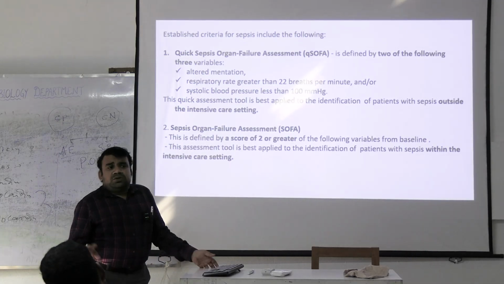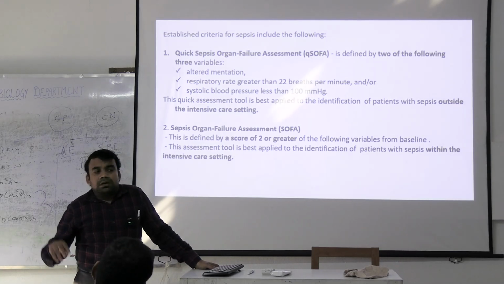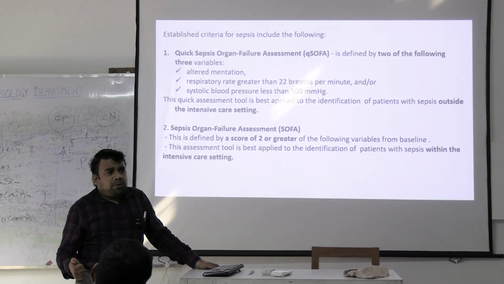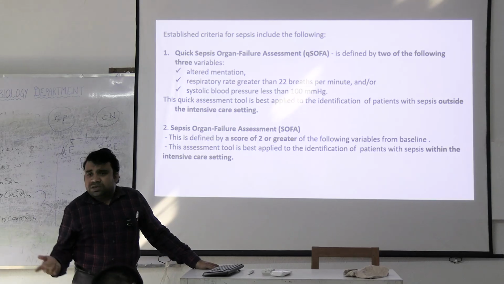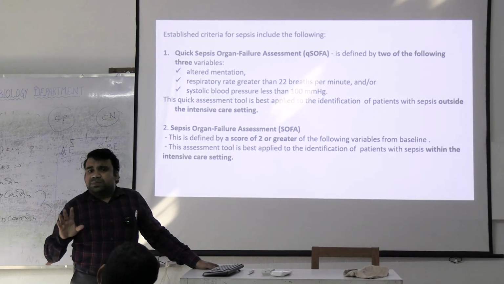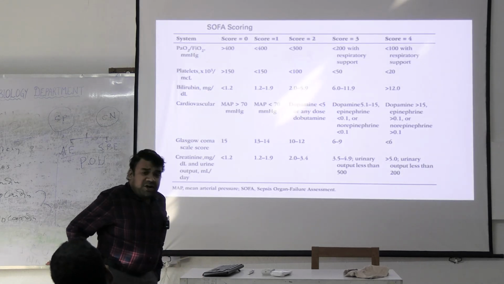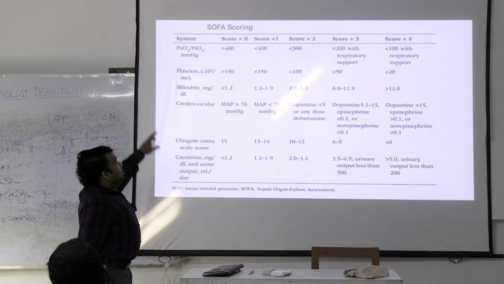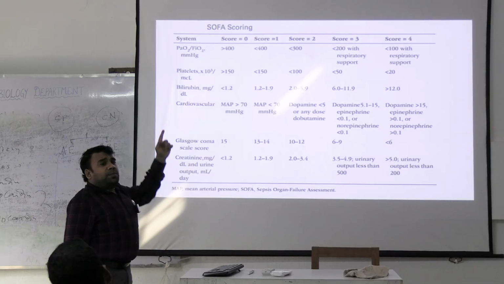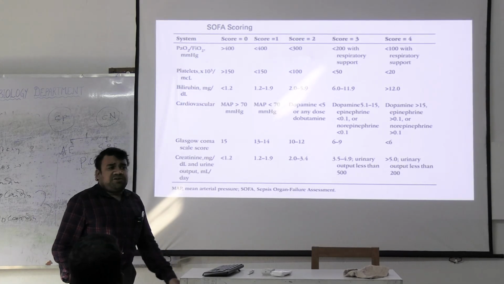To measure this, you don't need any interventional studies. Measure respiratory rate, measure blood pressure, check orientation. If all three are altered, most probably the patient is in shock. A more expanded form is the SOFA scoring, in which we look at the partial pressure of oxygen, platelets, bilirubin, Glasgow Coma Scale, creatinine.